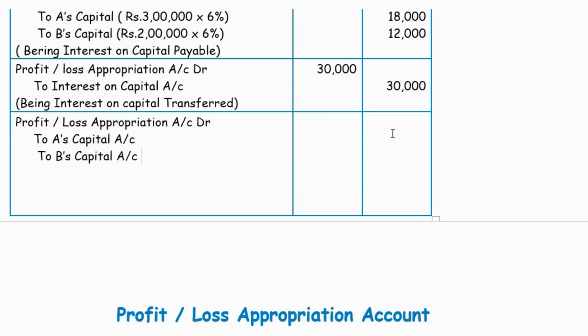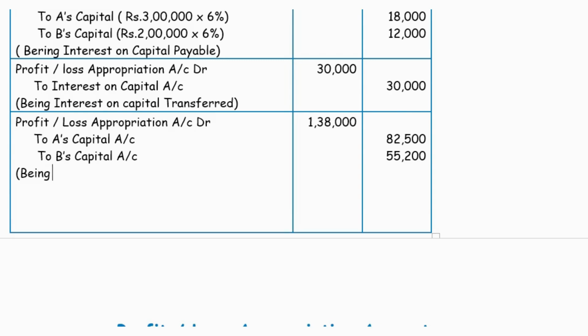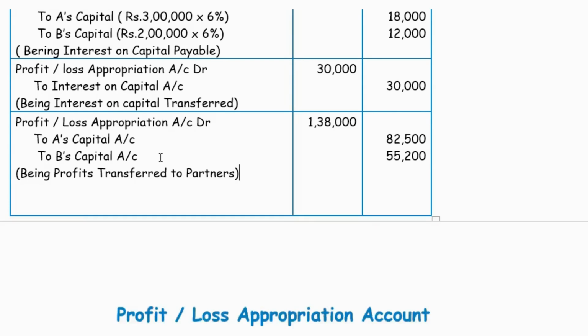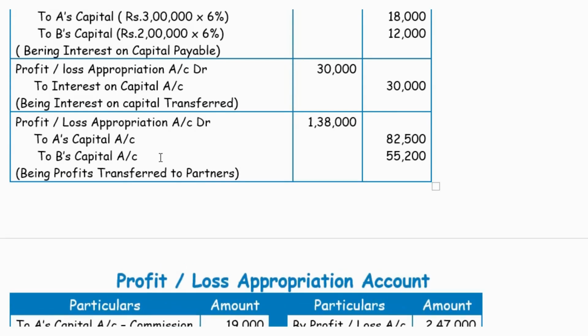The amounts are, for A it is 82,800 and for B it is 55,200, totaling 1,38,000, being profits transferred to partners. So we have worked out the journal entries and also the profit or loss appropriation account.